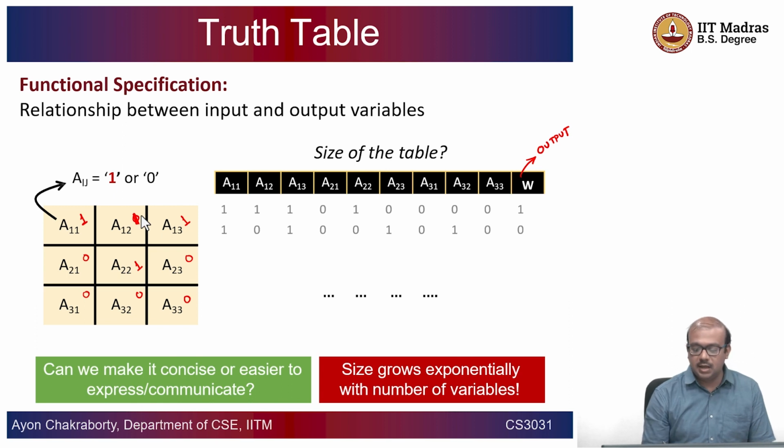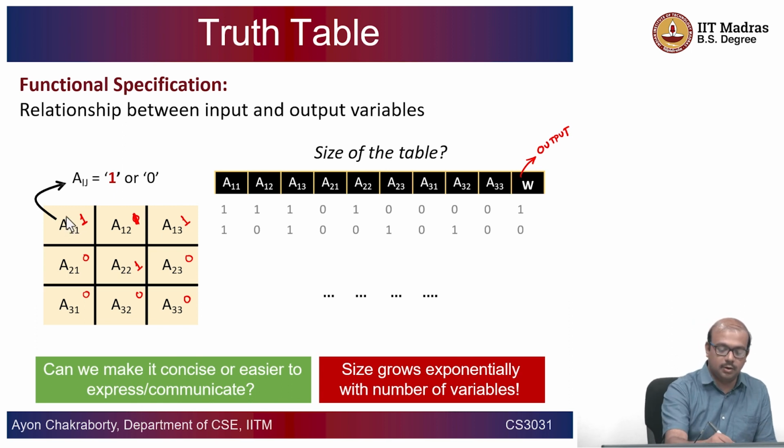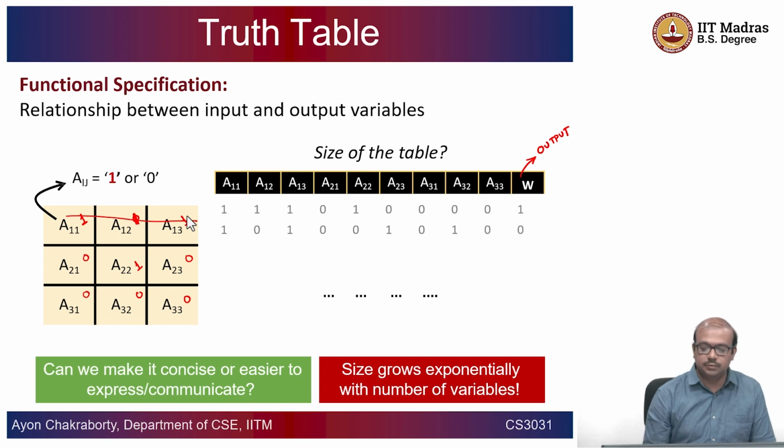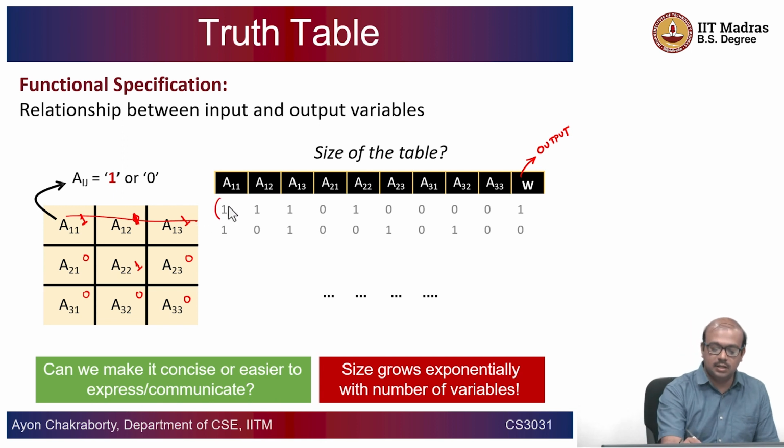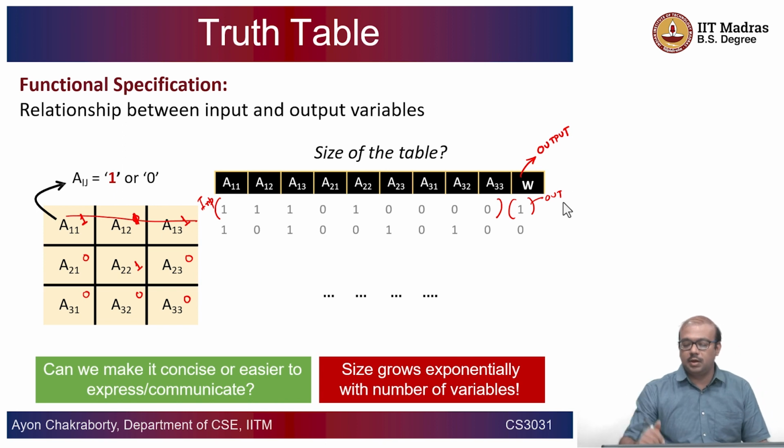So this is definitely a situation where we can strike this off. This is a situation when player X, or whatever mark we use for representing 1, wins. So this is a winning condition. All of this is the functional specification: this is a set of inputs, and this is an output. This is one row right here in the truth table.